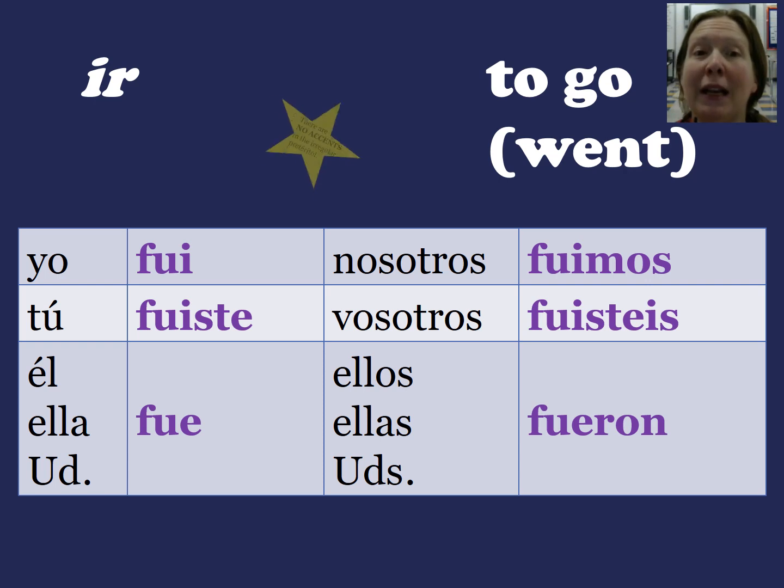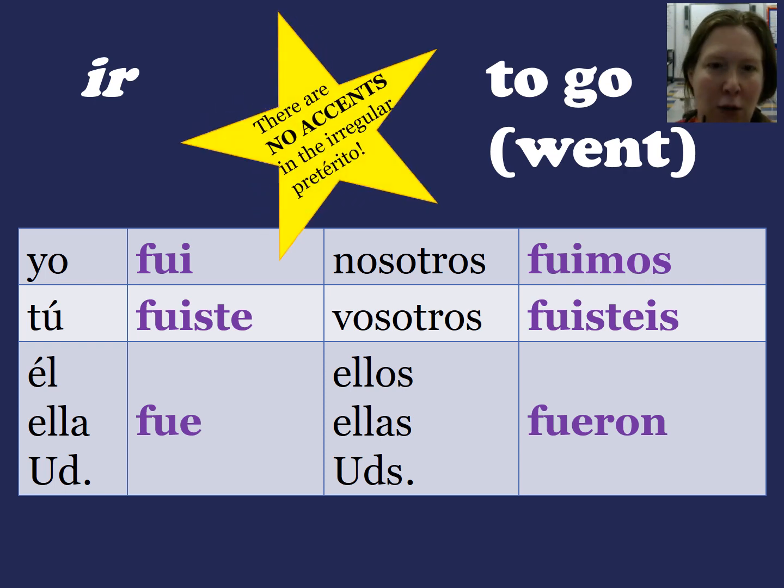It is really important to note that there are absolutely no accents in the irregular preterite. Okay, no accents at all in the irregular preterite. So do not put an accent on these. I just told you don't forget the accents, but only if it is required. So in the regular preterite, you need those accents. In the irregular preterite, there are no accents.